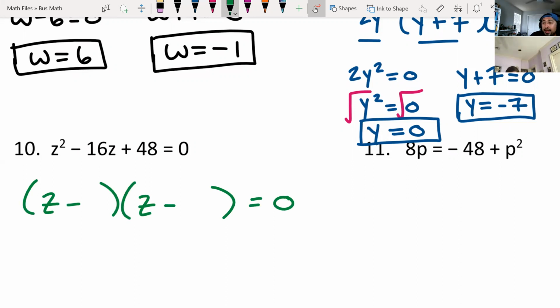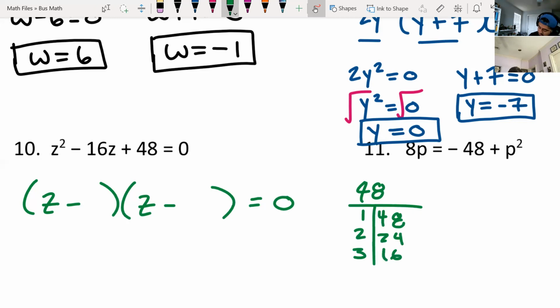What are two factors of 48 that can make negative 16? 12 and 4. 12 and 4. If you add those up, you get 16. So that means I'll put a 4 here and a 12 there.